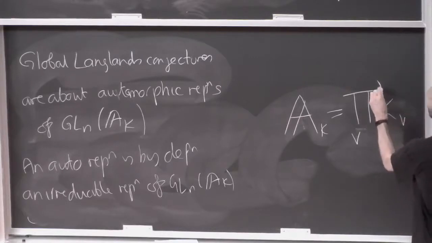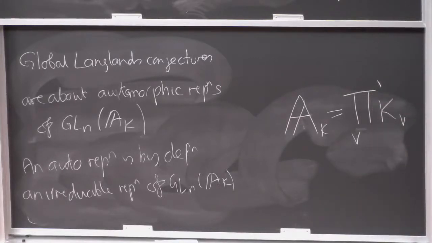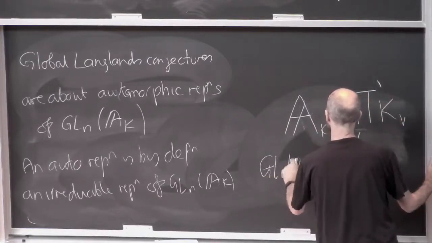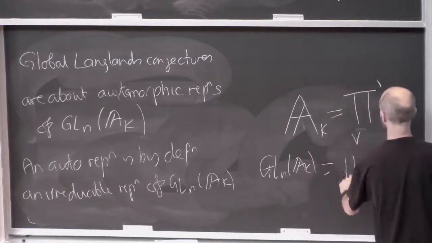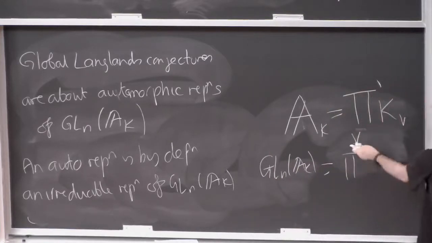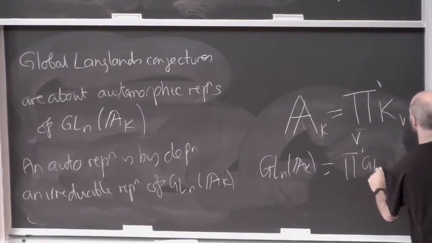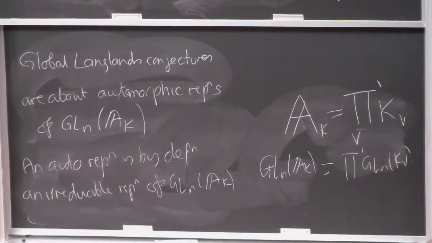This is hiding information, and now is a good time to hide that information because I'm thinking slightly vaguely, right? So the Adels of K is some huge product of these groups here. And so therefore GLN of the Adels of K is some huge product, right? Some restricted, I'll just put that dash there, and the definition of the dash is it makes it work, right? GLN of KV. That's somehow what GLN of the Adels of K must be.